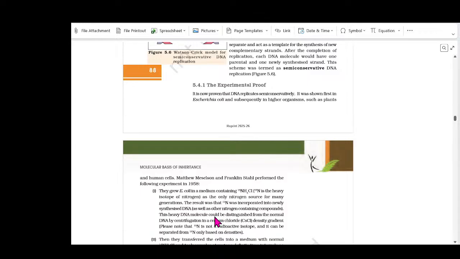This heavy DNA molecule could be distinguished from the normal DNA by centrifugation in a cesium chloride density gradient. Please note that nitrogen 15 is not a radioactive isotope and it can be separated from N14 only based on densities.